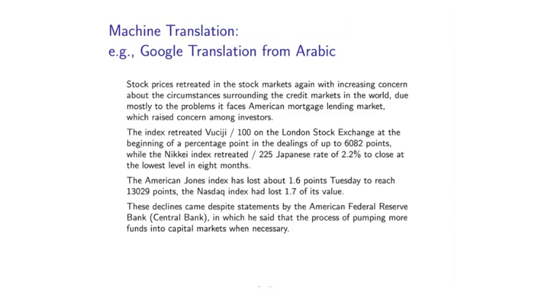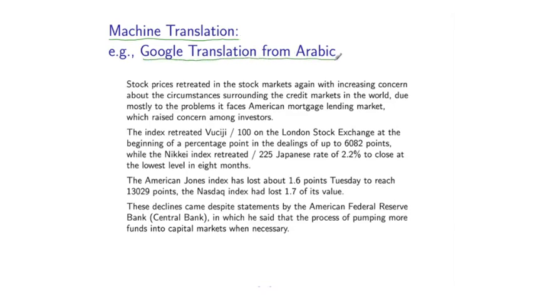So we should first consider some key applications in NLP. One of the oldest applications, and a problem of great importance, is machine translation. This is the problem of mapping sentences in one language to sentences in another language. And this is a very challenging task, but remarkable progress has been made in the last 10 or 20 years in this area. Here I have an example translation from Google Translate, which many of you will be familiar with.